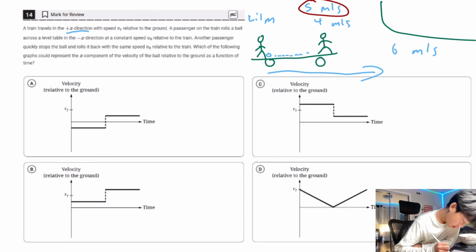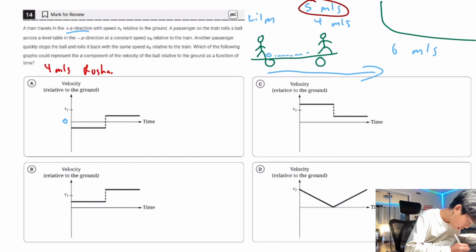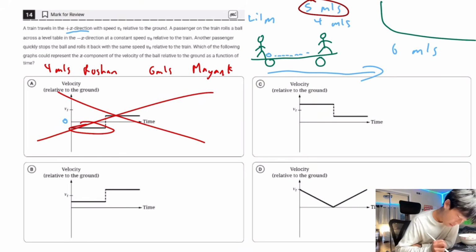So first of all, the 0 is here. I hope if you don't know that, you're cooked. Initially, they go from 4 meters per second, Roshan, and then 6 meters per second, Mayank. Is anything here negative? Nothing here is negative, and this one is very clearly negative, so it can't be this one.